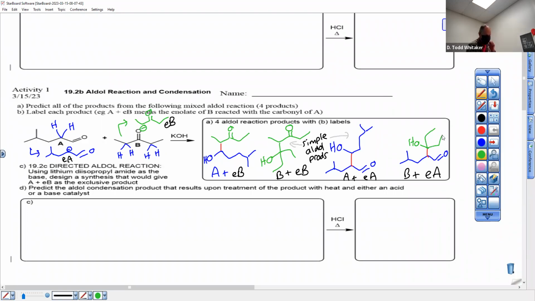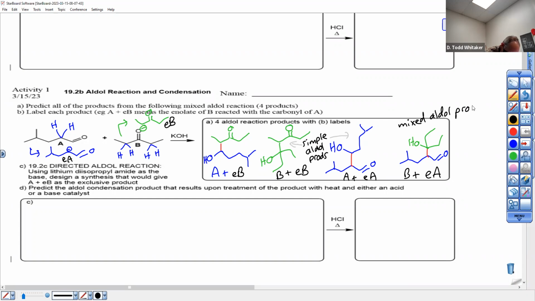There you go. So these are mixed aldol prods. We got this guy right here and this guy over here. Okay.